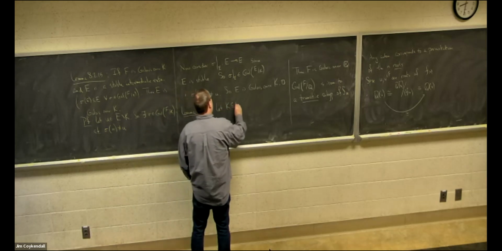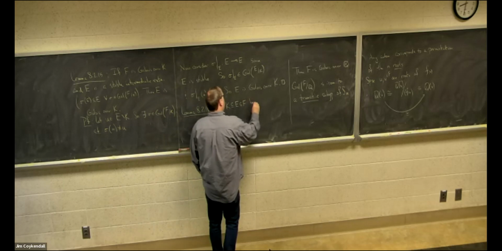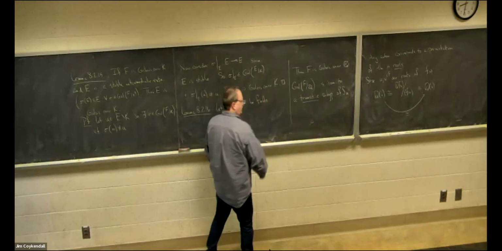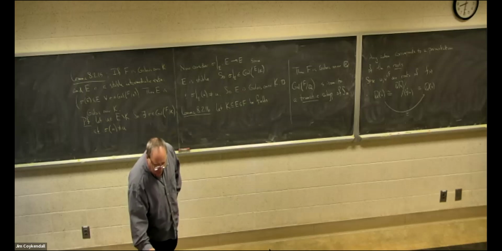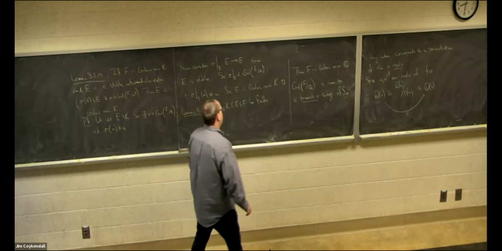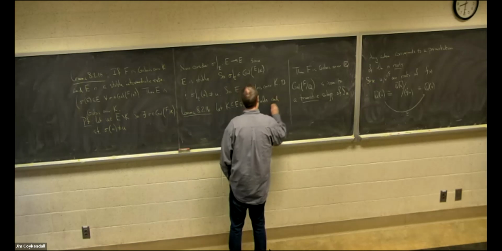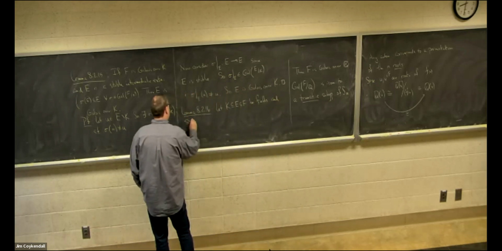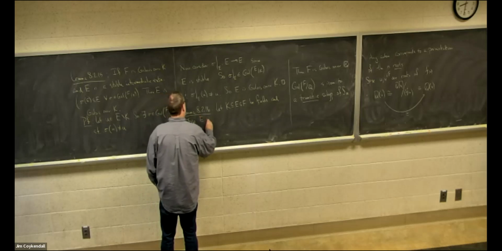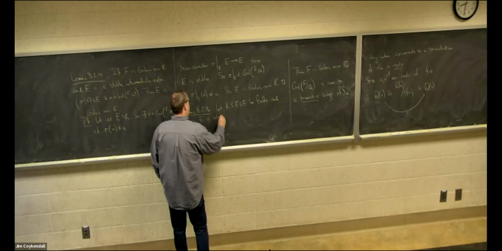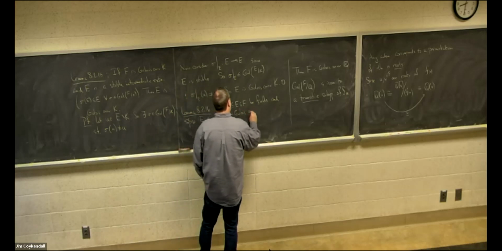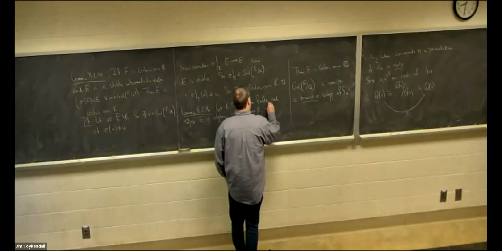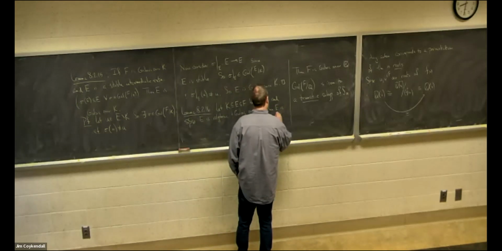Let K, E, F be fields, and suppose that E is algebraic and Galois over K. Then E is stable.